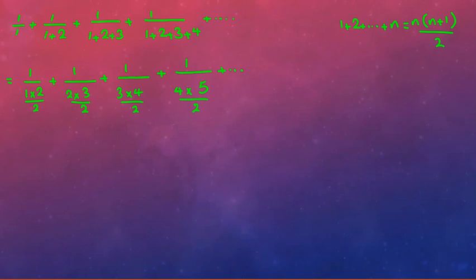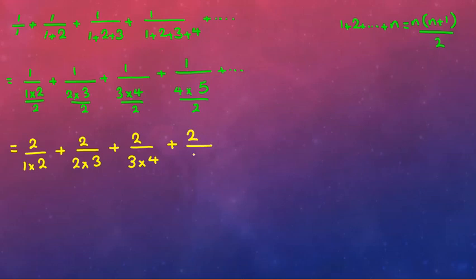Next, we calculate this. For each of them, we multiply both numerator and denominator by 2, so we get 2 over 1 times 2, plus 2 over 2 times 3, plus 2 over 3 times 4, and we factor out the 2.